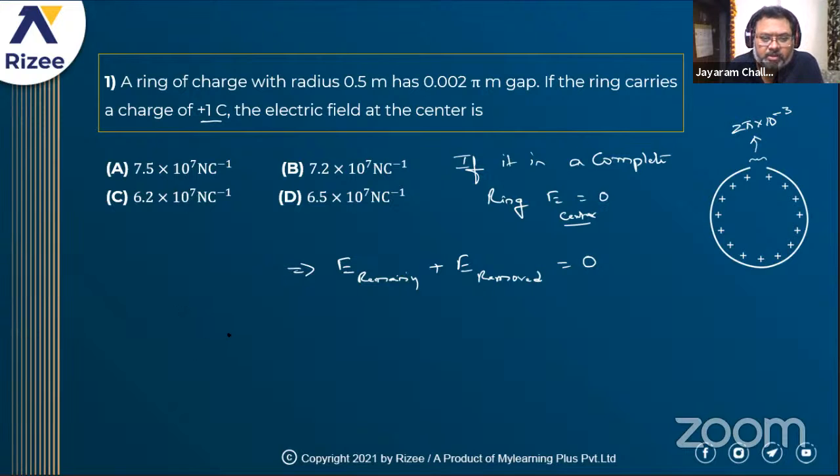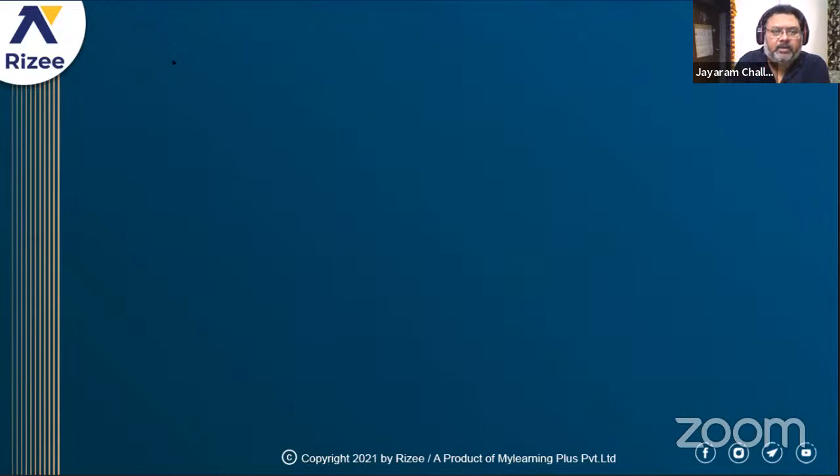Now, if I go for the general conditions, the total charge Q is spread across the total length of 2πr. In the sense, 1 coulomb is spread across the length of 2πr. Then for a length of 2π into 10 to the power of minus 3, what should be the charge if I consider this as dq? Then we can find the charge of the removed portion.